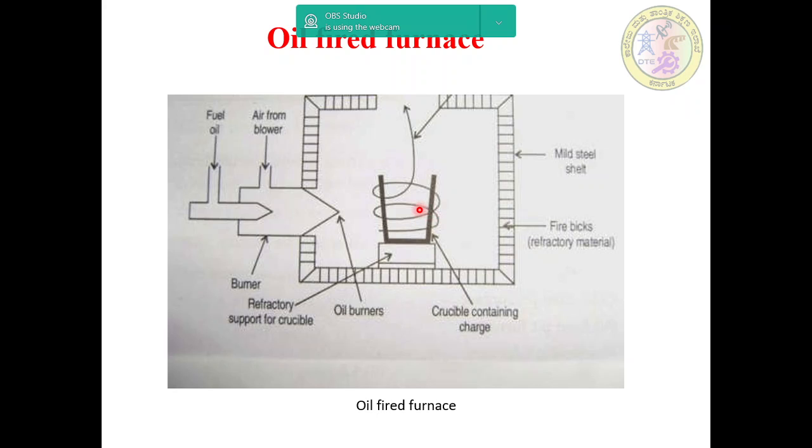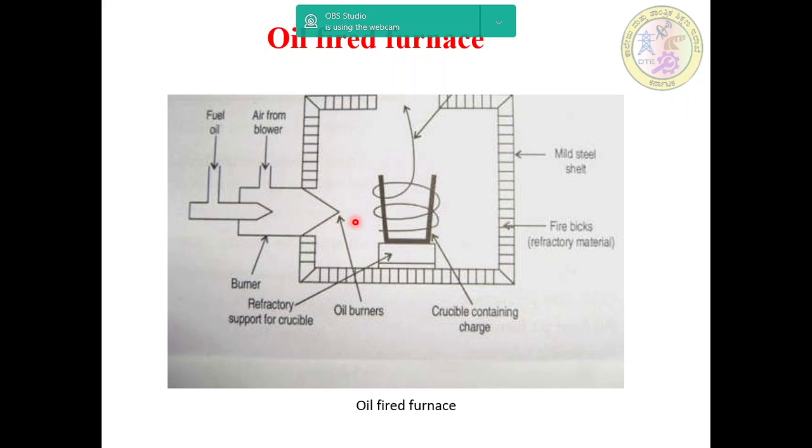The burner is situated at the bottom on one side, and valves are provided to control the amount of air as well as oil supplied to the burner, so that the flames can be controlled.